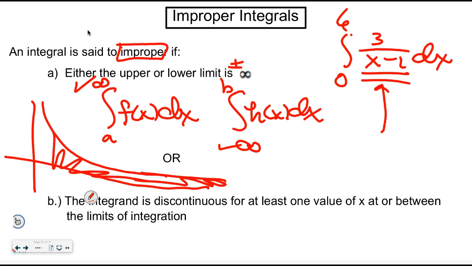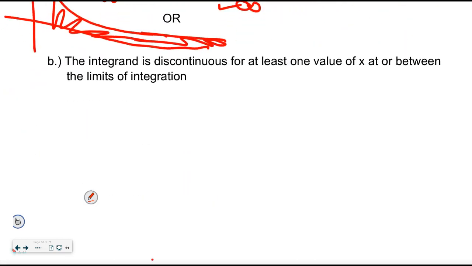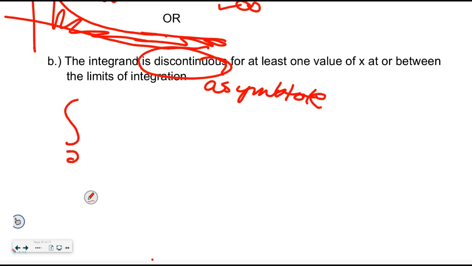All right. So when one of the bounds is infinite, or when there's one of those discontinuities or an asymptote, right, for at least one value of x at or between the limits. So I'm just going to put an example of what I mean by that. Here's one where it's at the limits.